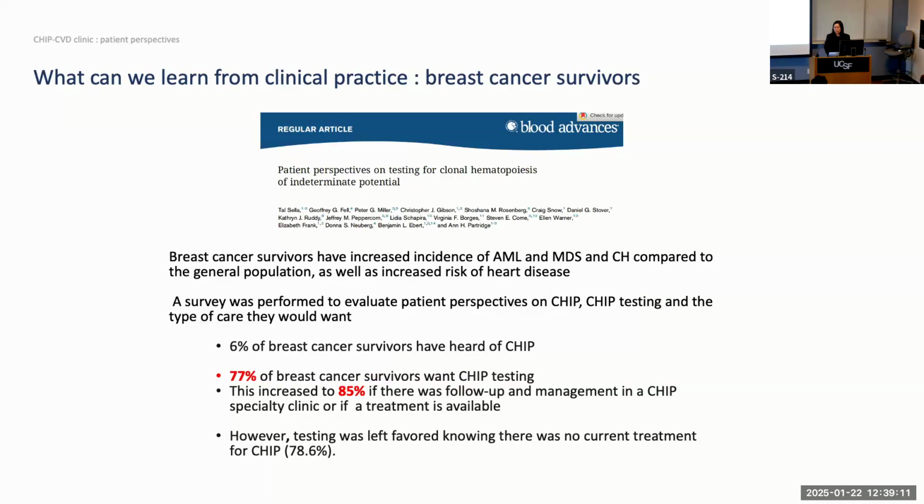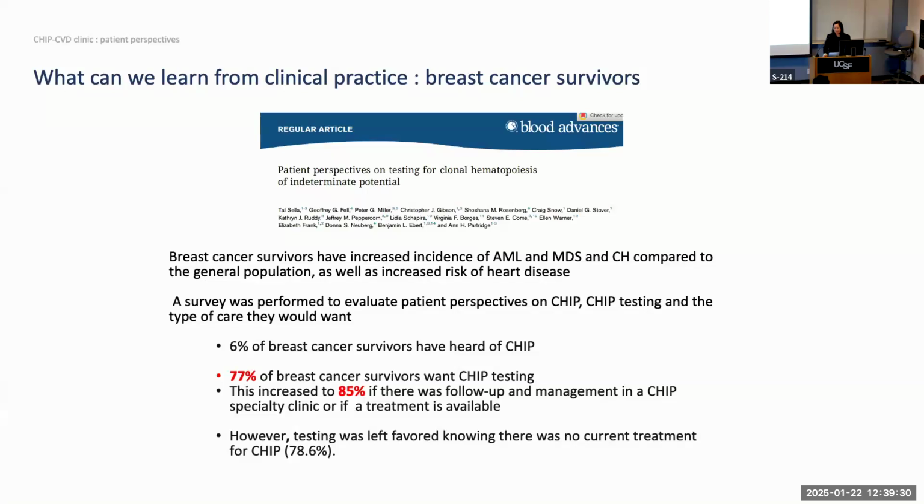A really interesting group that was focused on from this study was breast cancer survivors. These are typically young women who develop breast cancer, and so their risk of death is no longer linked highly to breast cancer, but to cardiovascular disease.